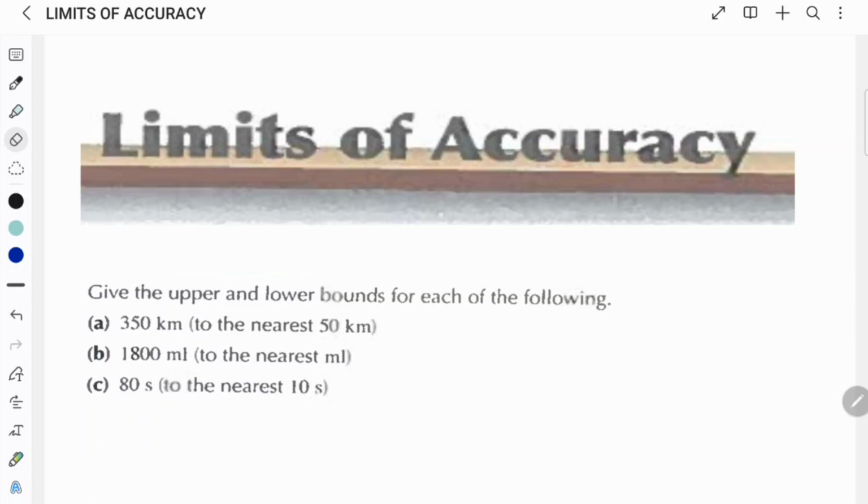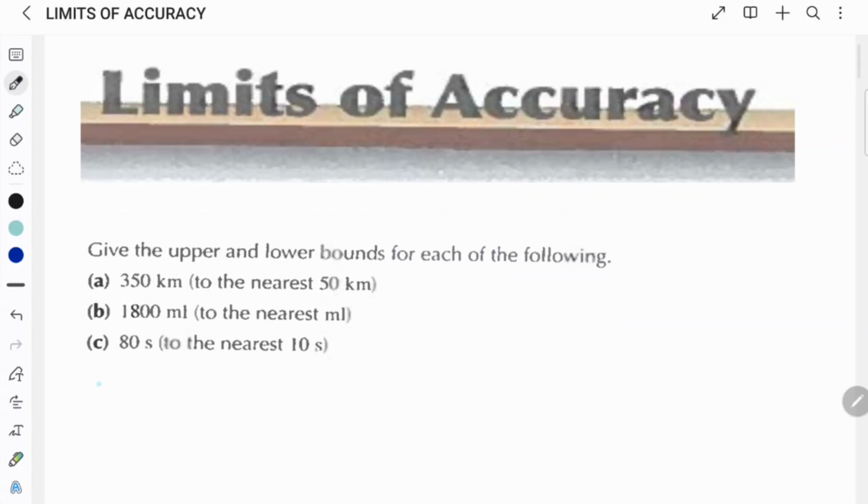If it is rounded off to 50 kilometers, what do we do? We take plus or minus half of 50 kilometers. 50 divided by 2 equals 25. If we add 25, we get the upper bound, and if we subtract 25, we get the lower bound.